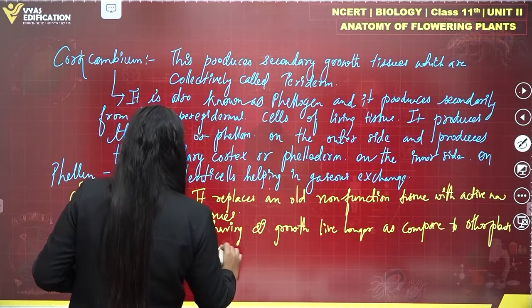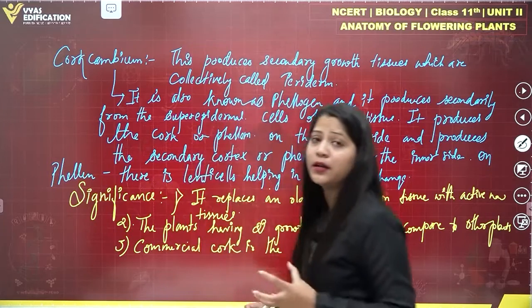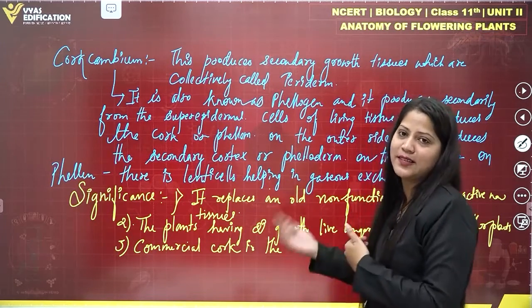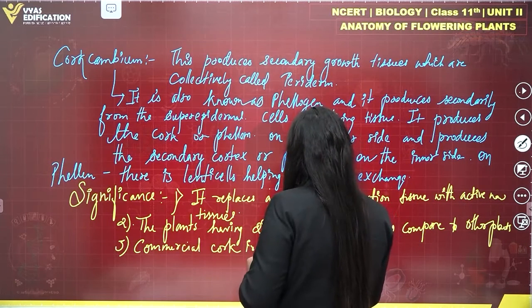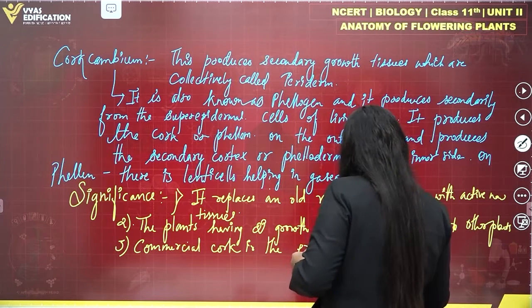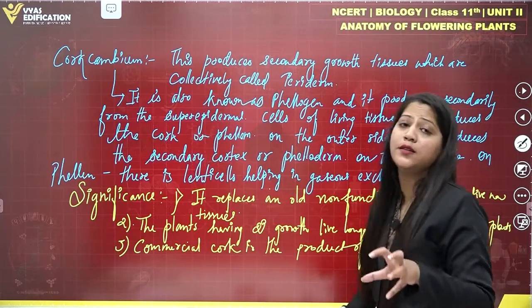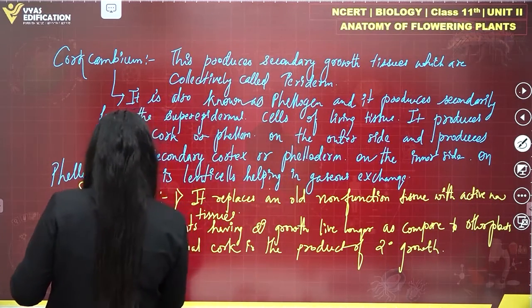Commercial cork is the product. The commercial cork we are getting from the market is actually the product of this secondary growth only. Also the wood we get is also the product of the secondary growth.